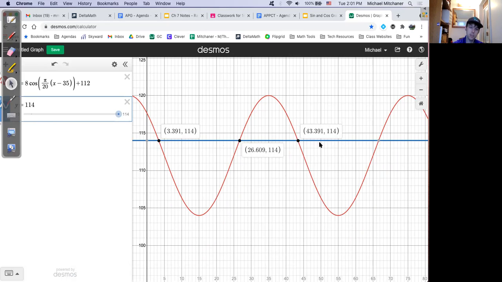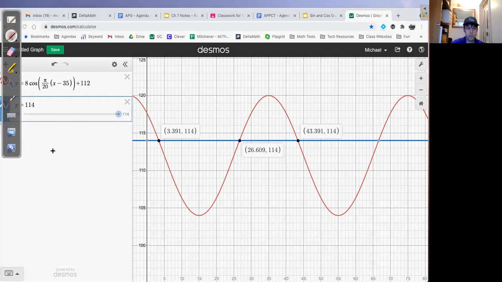So our answers here are going to be t equals 3.391, t equals 26.609, and the last one, 43.391.